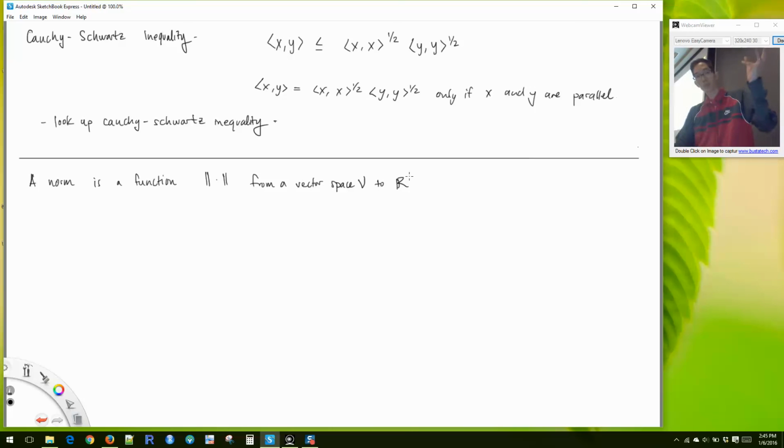So we're taking a function, and when we apply it, we're applying it to a vector, and what the function outputs is a real number that satisfies the following.